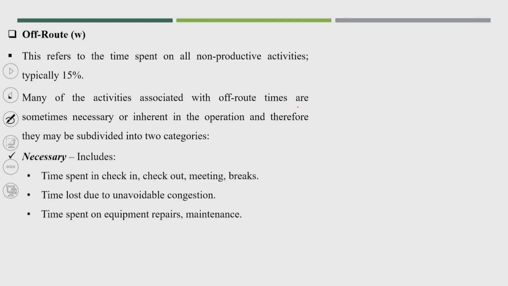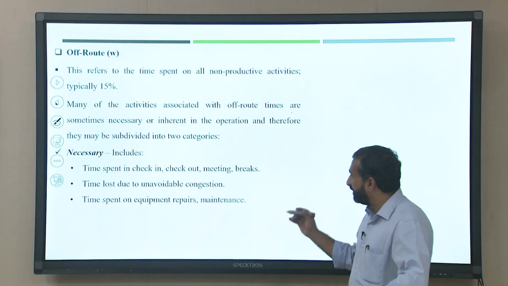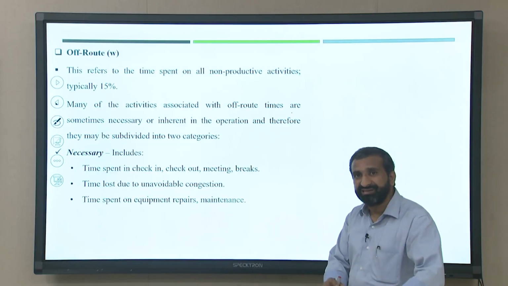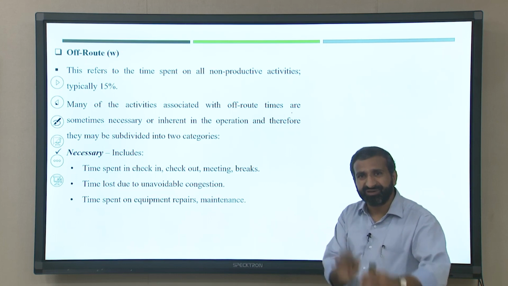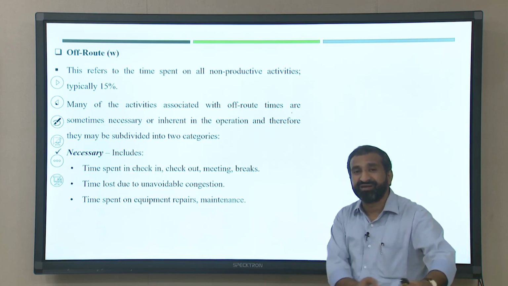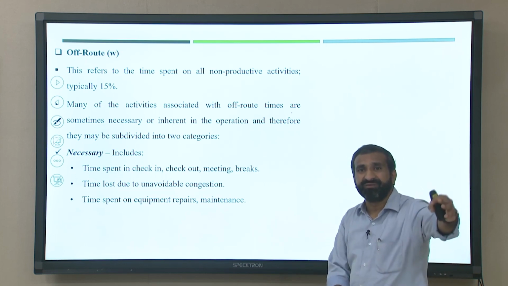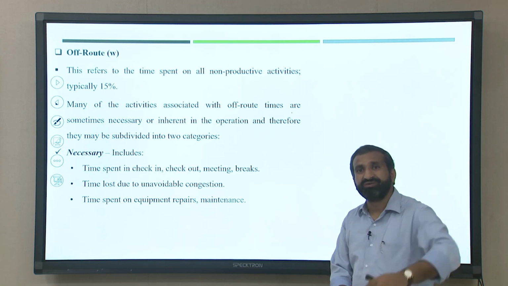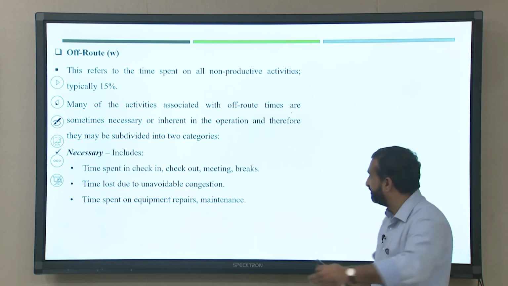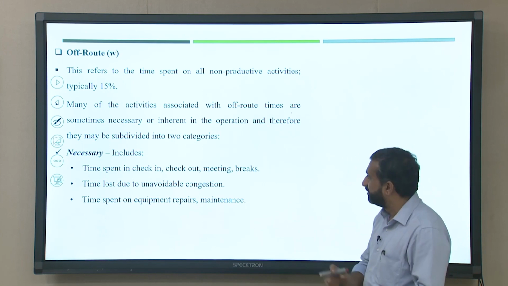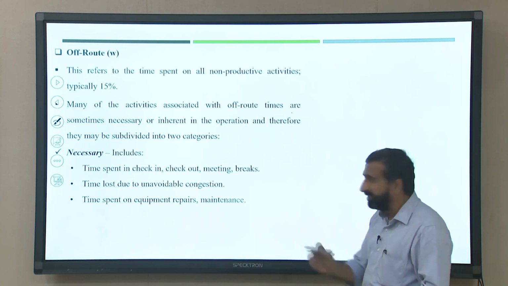The necessary ones include time spent in check-in, check-out, meetings, and breaks. Whenever the vehicle reaches the disposal site or recycling facility, it has to check in, or somebody is writing, or the vehicle has to wait, maybe because a number of vehicles are together. So it has to wait until its slot comes up for emptying the vehicle.